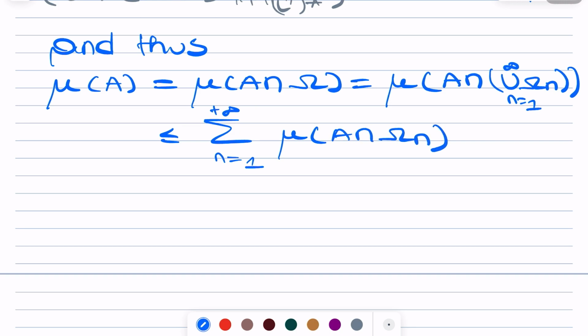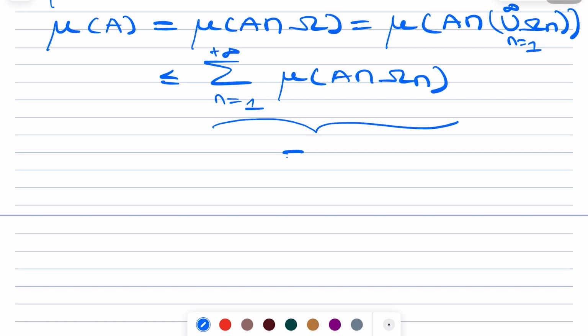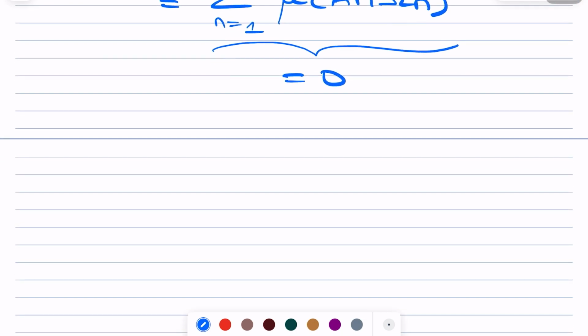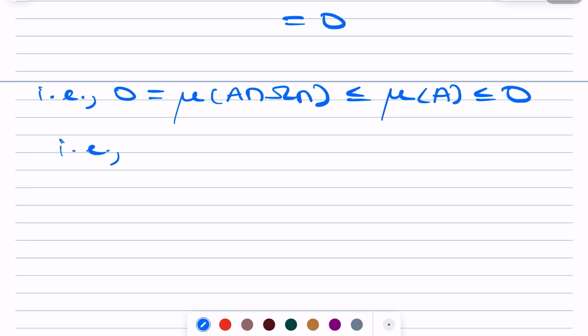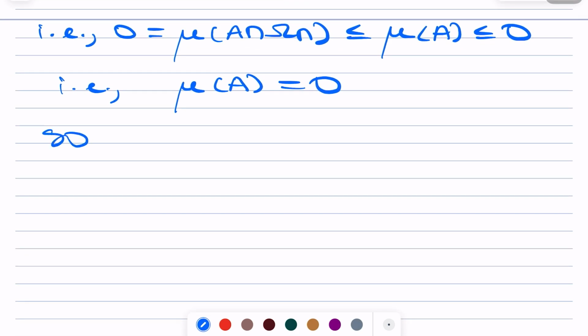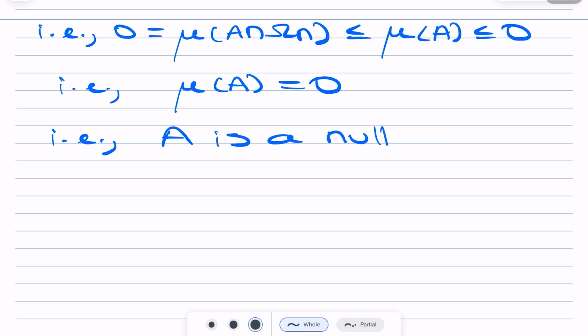But this actually is 0, so we get that 0, which is equal to mu of A intersected with omega n, is less or equal than mu of A, which is less or equal than 0. So mu of A is 0, and this means that A is a null set.